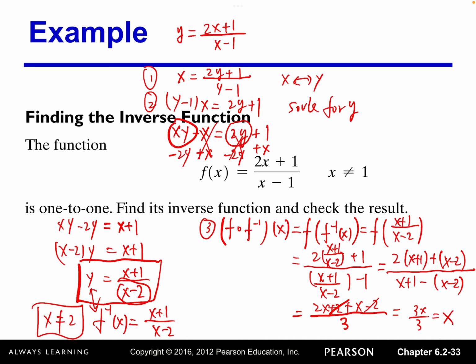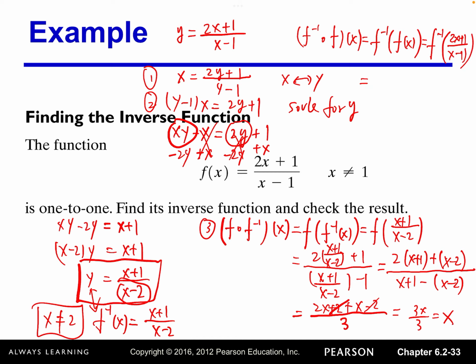Okay, so we have to do the other way around, which is f inverse composed with f. And then we have the inverse function as the outer function, and f of x is the inner function, right? And then we plug in f of x, the inner function, which is the original 2x plus 1 over x minus 1, right?